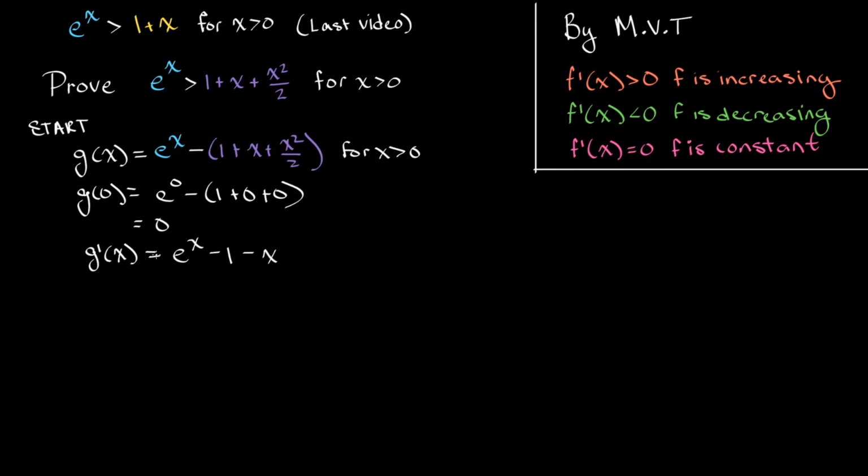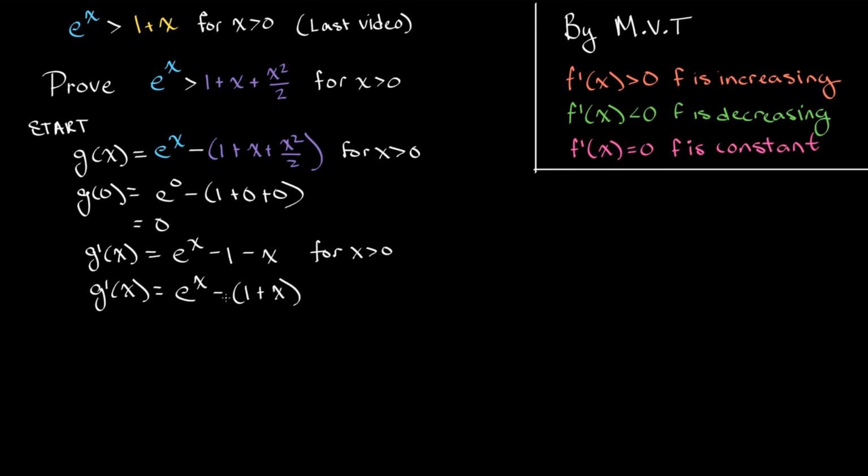So that's what we have, and now we have to make this call. For x greater than 0, is this derivative positive, negative, or equal to 0? And how do we find that out? Well, maybe I can rewrite this. And we can use some old information that we found out. I can factor out a negative 1, and we're left with 1 plus x.